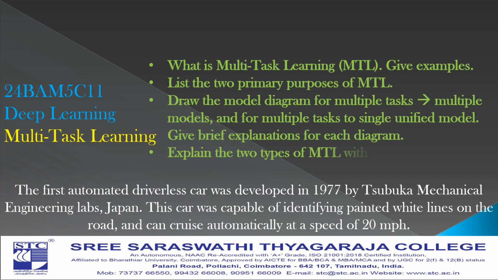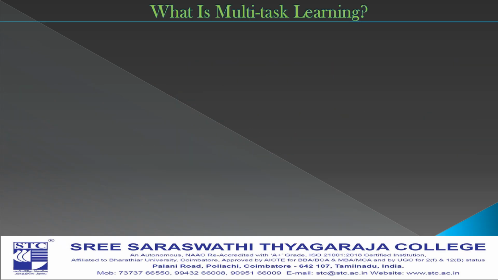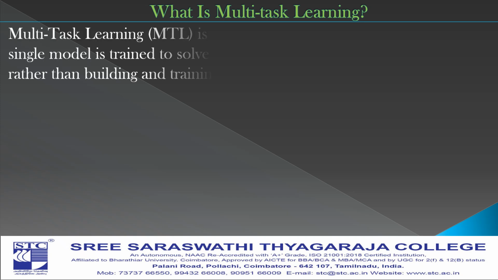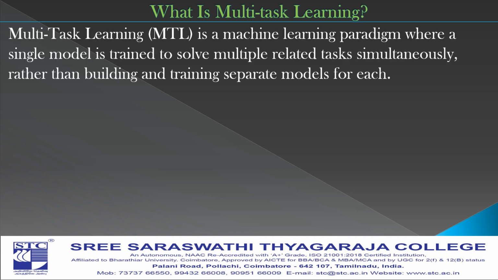So pay attention to these questions. And now we go straight into the topic. Like I said earlier, the topic is multitask learning. Typically in deep learning, we develop a model for each task, which is one task, one model. But there is another learning paradigm, called the multitask learning paradigm.